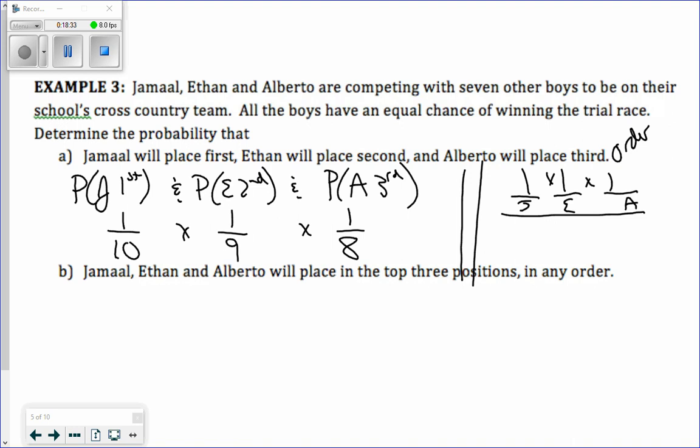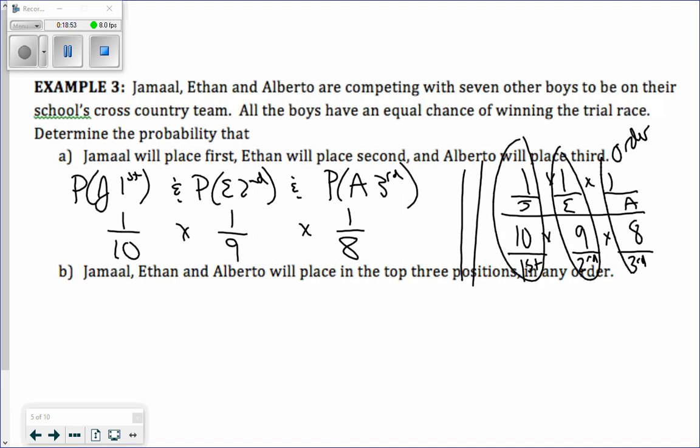One way. Out of a total, how many choices do you have for first place? How many choices do you have for second place? How many choices do you have for third place? Now look. 1 over 10 times 1 over 9 times 1 over 8. I'm just slicing it differently.